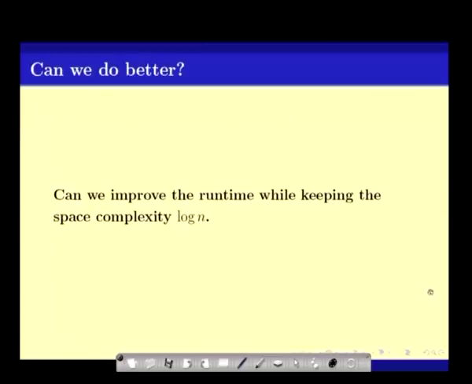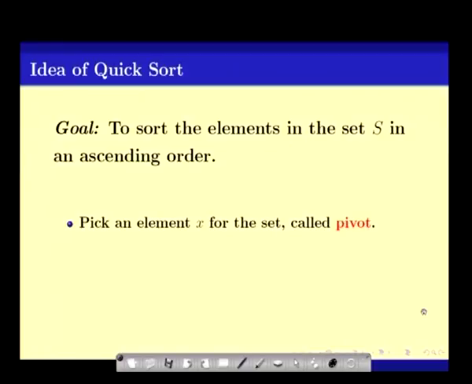To start with, let us look at the most obvious idea that one can have, and that is the idea of quicksort. In fact, this is an idea that one might have used a lot in real life situations.